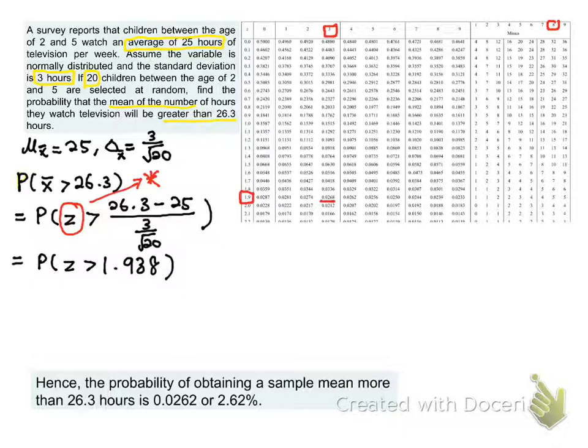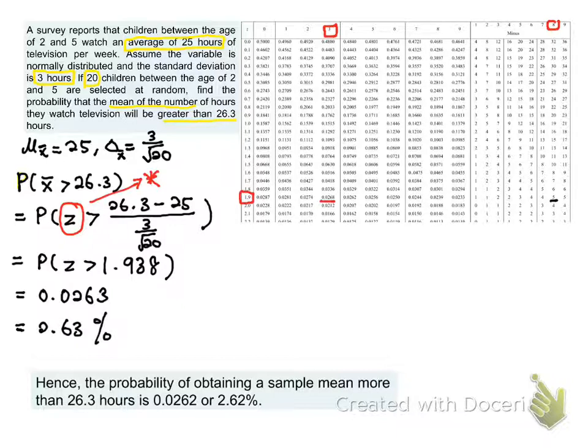So what do you get? 0.0263, right? Is it correct or not? Okay? So now, do you see the explanation at the bottom here? The answer will be slightly different. Sometimes a small difference in decimal places is okay. If you want to convert it to a percentage, it will be equal to 2.63%.